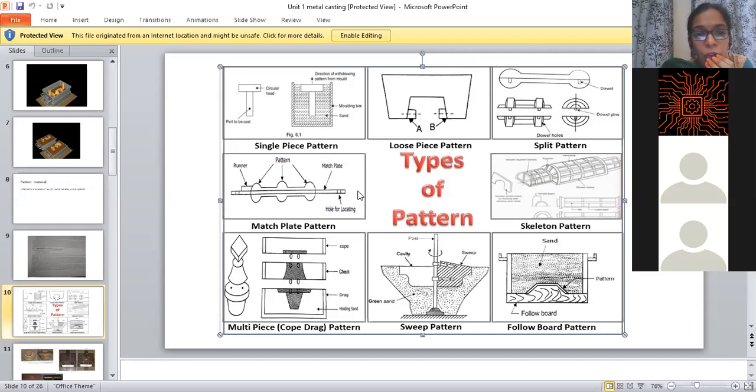Only the plate, to which you have the upper half and the lower half, and the runner as well. You will just insert this plate in the flask and fill the sand. This is an advance. In the split pattern you have to put the pins, and if you do not align the pins, if you have any mismatch, you will get an error. But here you will just insert the plate.